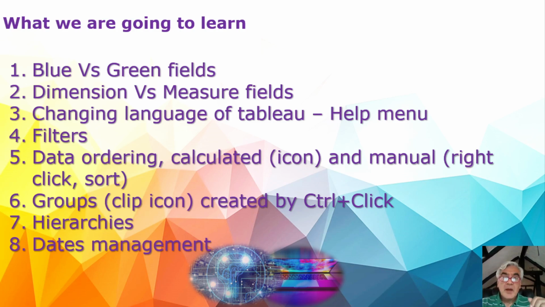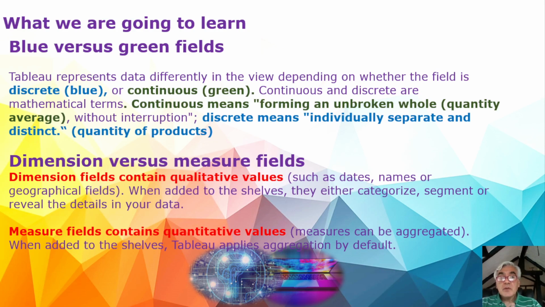Okay, right. First of all, we are going to differentiate between green versus blue fields, and Tableau presents that data in a different way depending on whether the field is discrete, which is blue, or continuous, which is green. And continuous means that there is a range of numbers, unbroken whole, called that way.